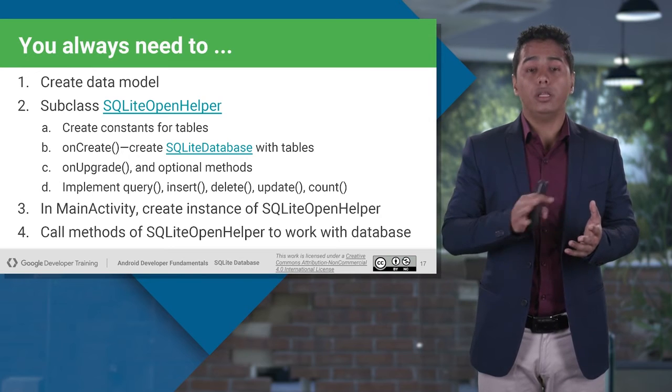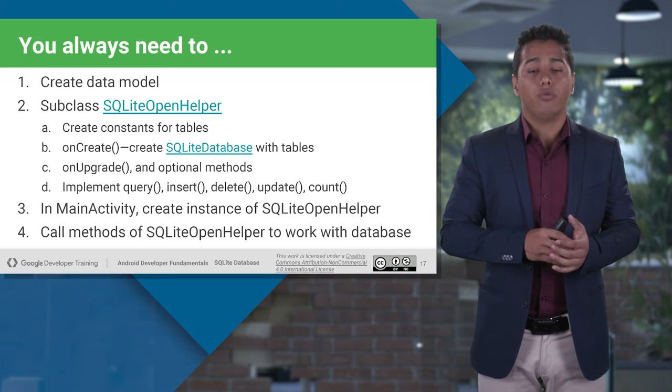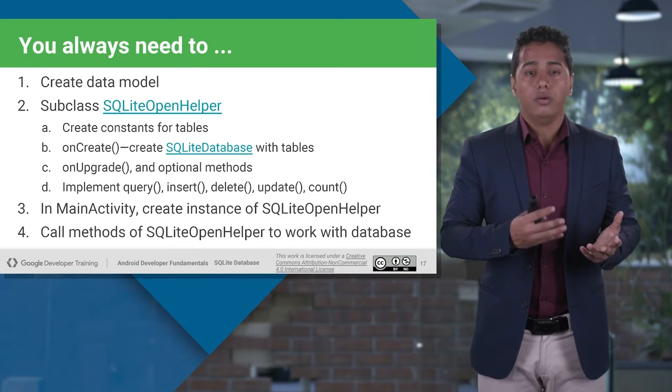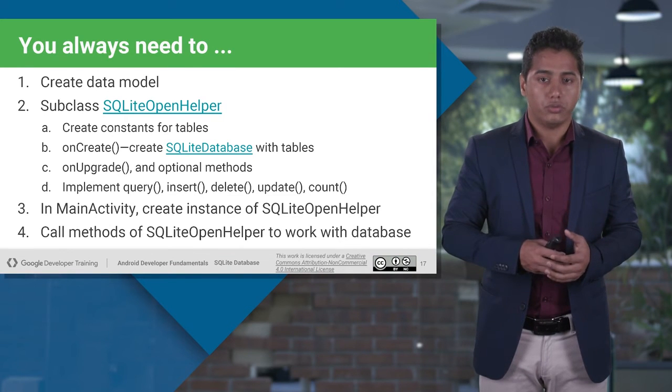And you can use all the predefined methods already provided by SQLiteOpenHelper. For querying, we have query. For insert, we have insert. For delete, we have delete, and update and count too.